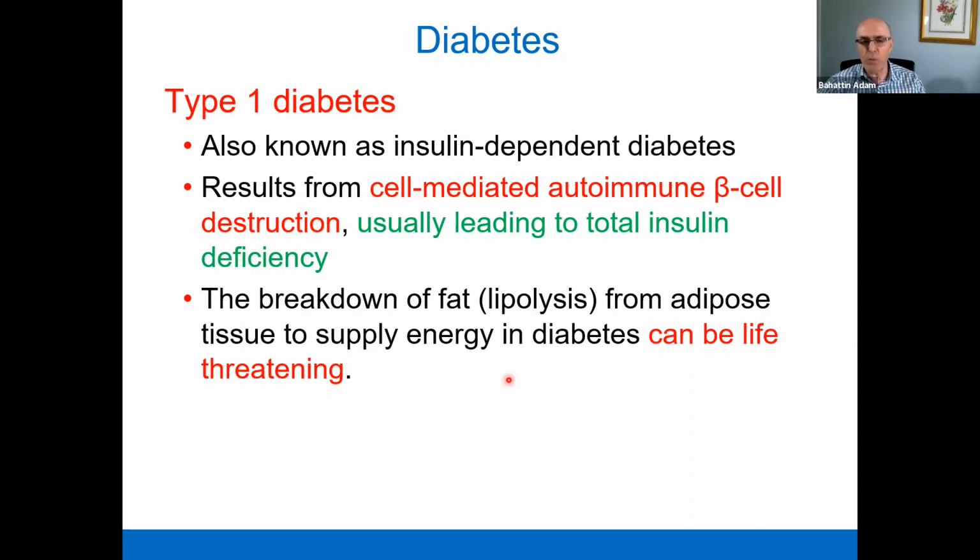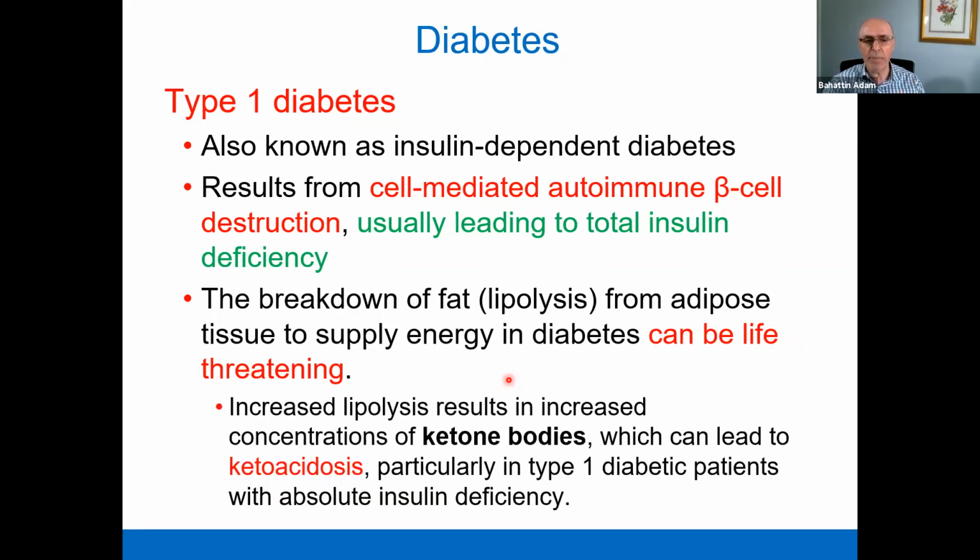Then your body will break down fat, which we call lipolysis, from adipose tissue to supply energy in diabetes, which can be life-threatening. Why it is life-threatening, I am going to explain.